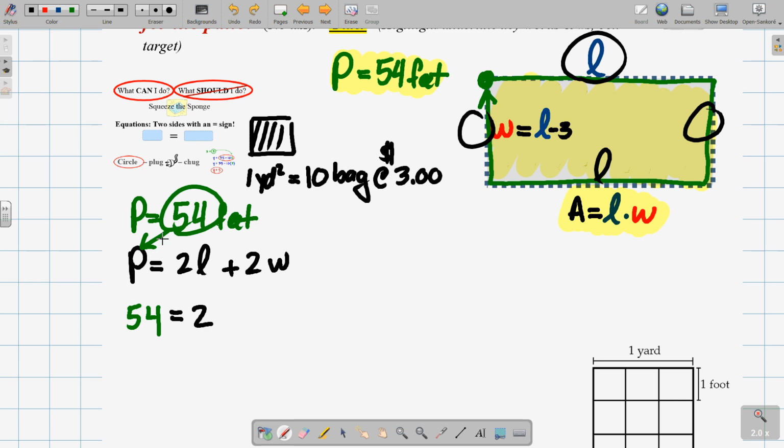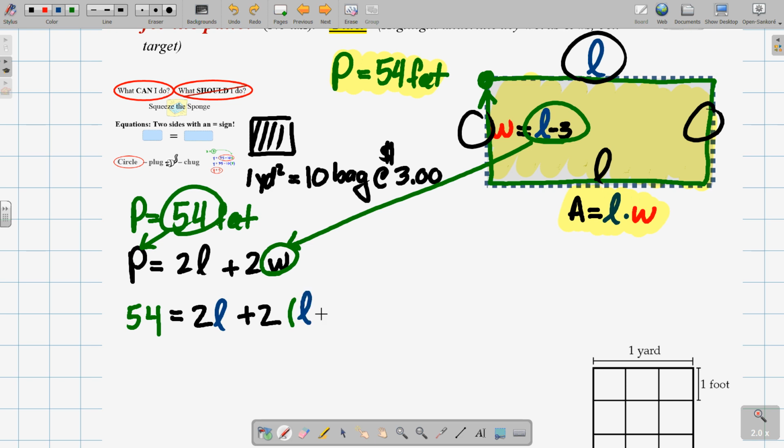I have 2 lengths and 2. Now I don't want a W there because then I have 2 variables, but I can replace that W with length minus 3. So circle, circle, draw an arrow, plug it in, parentheses, length minus 3. Now I'm down to 1 variable. Solve.